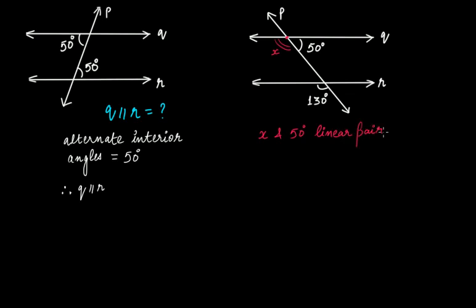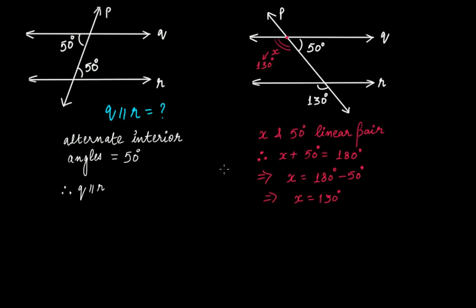Since x and 50 degrees are a linear pair, x plus 50 degrees will be equal to 180 degrees, and therefore x will be equal to 180 degrees minus 50 degrees, which gives x equal to 130 degrees.